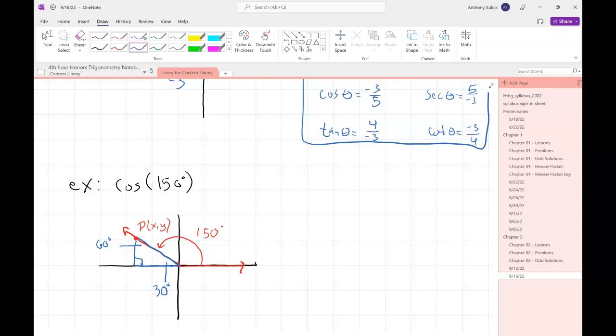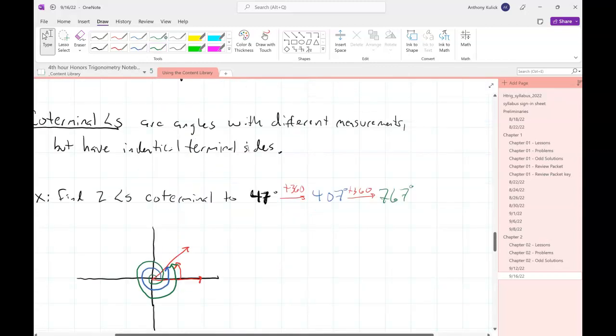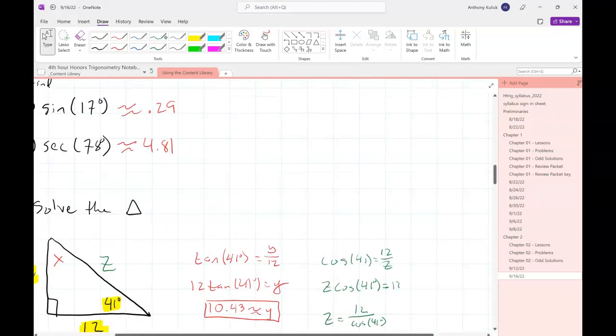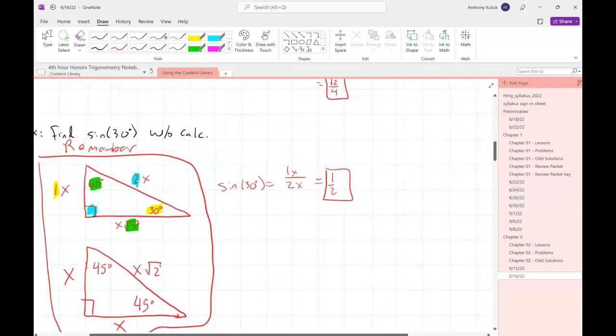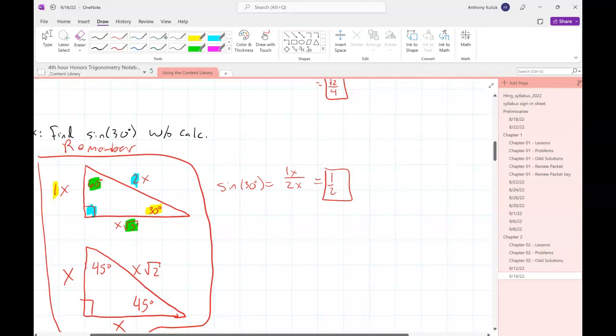The 30, 60, 90 special right triangle. Yes. So when we did it back here, I'm going to use a different letter instead of S or X, because I don't want to get confused with the X coordinate in the picture that we've drawn.